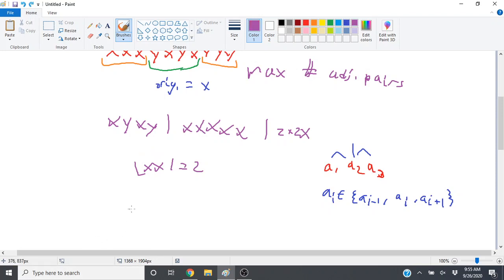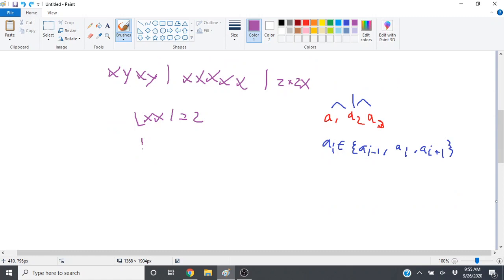And it becomes slightly more complicated, but not that much more. So let's say first we have xxx. Now consider the first two values.